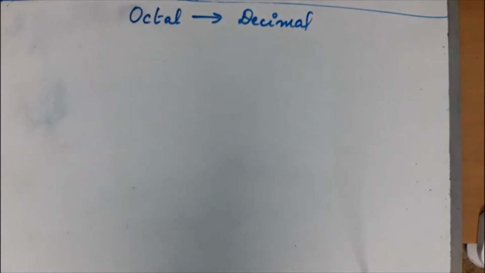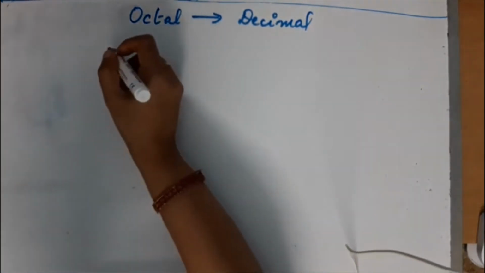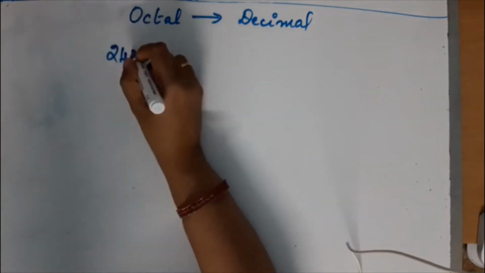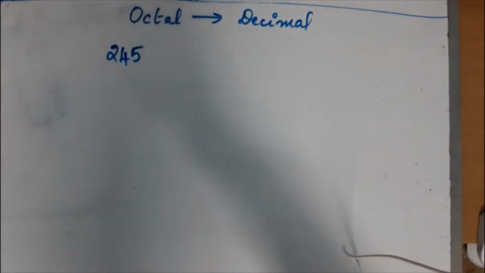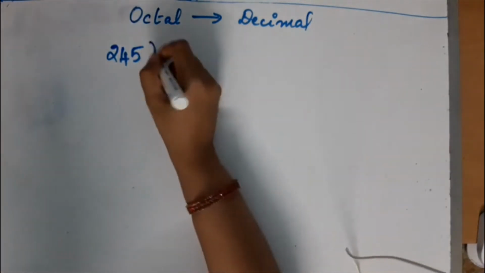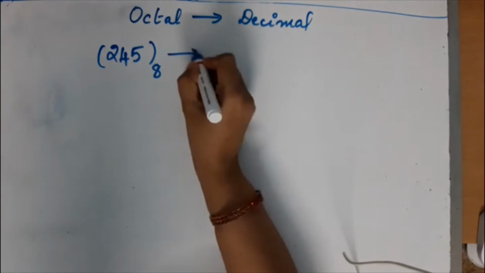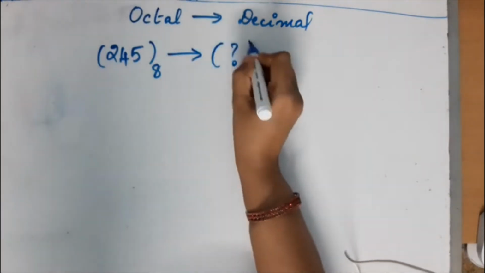So if we have an octal number, say 245, that is a number in octal. This we have to convert to decimal.